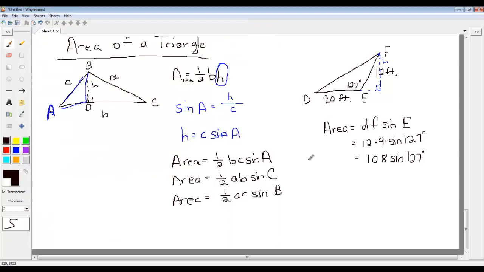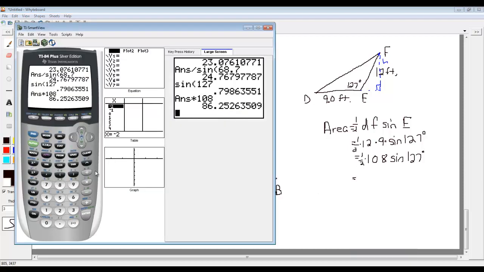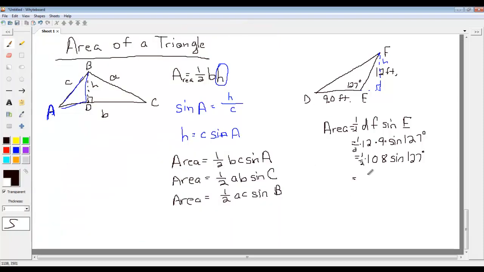And you still have to do the 1/2 also. Sorry, squeeze the 1/2 in there. And then times that by 1/2. Divide by 2. Okay. So then you get around 43 square feet. And that's the area of the triangle.